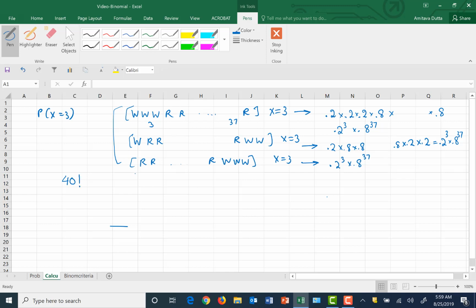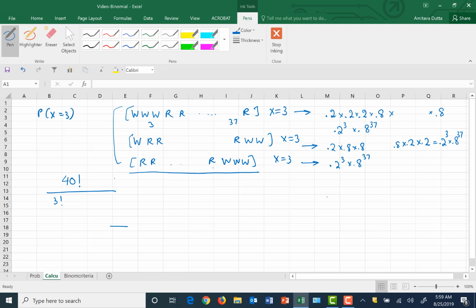If you look at these 40 outcomes over here, if all 40 were distinct, then you could rearrange them in 40 factorial ways, but obviously they are not distinct. Out of those 40 items, 3 are the same. We have 3 W's, so we have to reduce the number of alternatives. How many ways can I rearrange 3 W's? That's factorial 3. I can shuffle these 3 W's among themselves in factorial 3 ways.